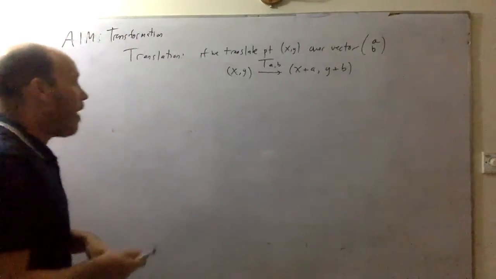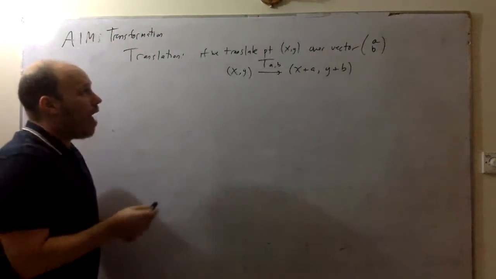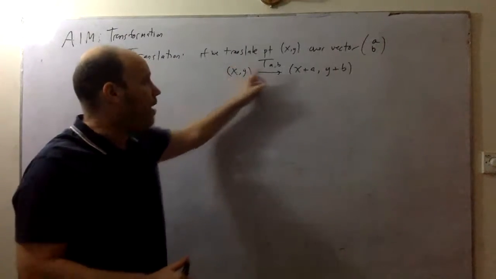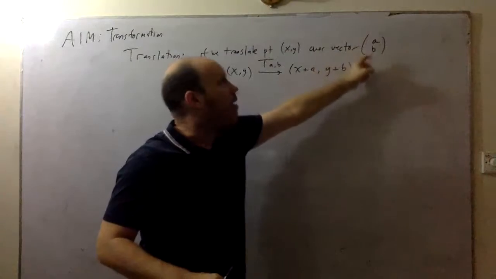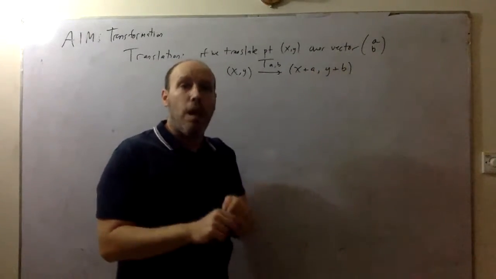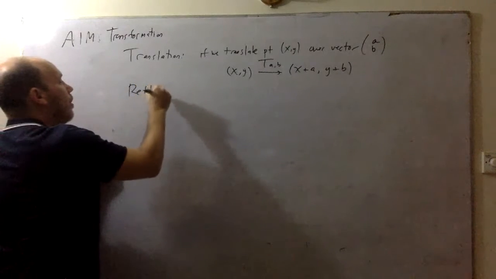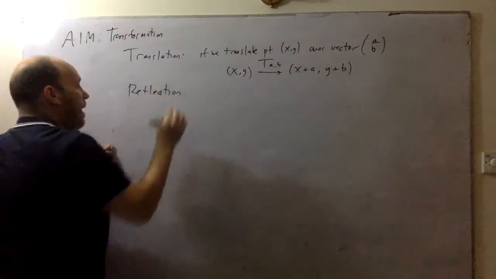Last class it was translation: we plotted a point and shifted it A to the right or left, B up or down. The next thing we want to talk about is a reflection. So what does it mean?